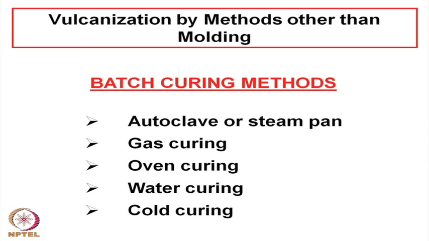So, till now the vulcanization is not allowed. Only after the complete shape is given, it is vulcanized or allowed to cross link. Now, there are various techniques available for vulcanization. Batch curing methods are involved, autoclave or steam pan, which provides a temperature of 140 to 160.